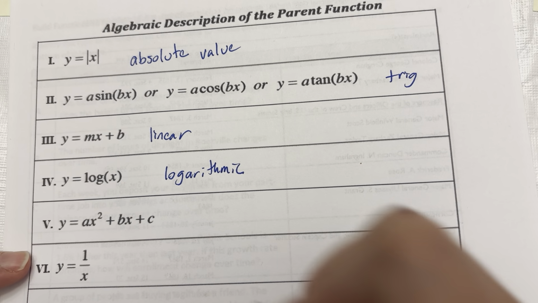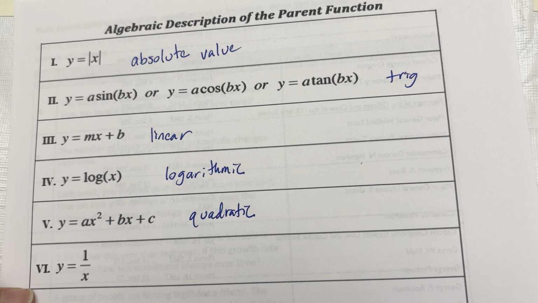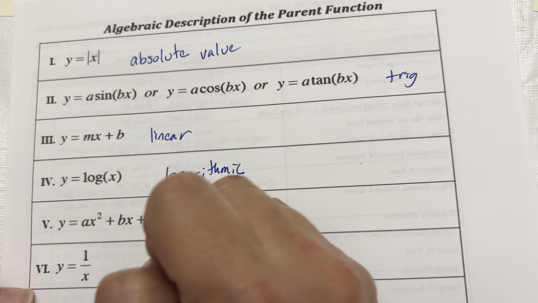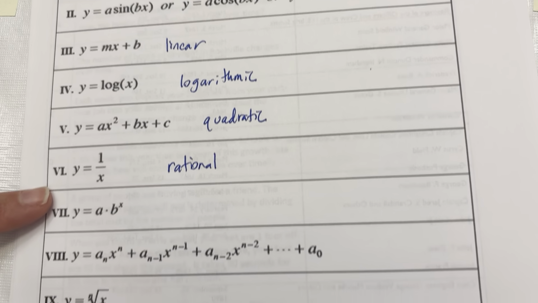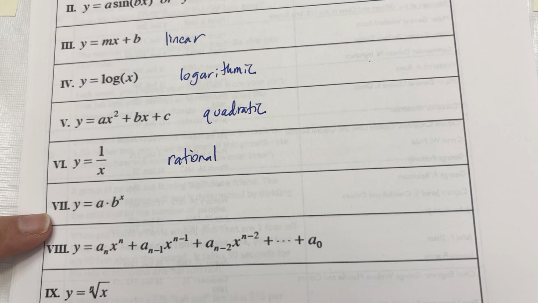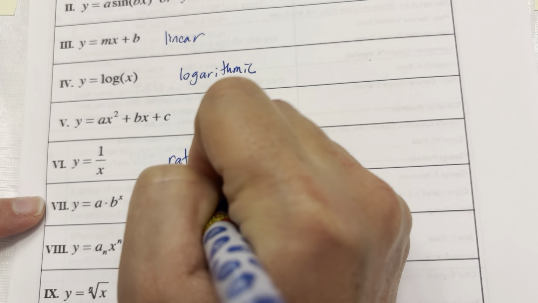Graph 5, standard form of a quadratic. 1 over x, as we said on the previous page, that's our parent function for a rational function. a times b to the x should look familiar from first semester. We spent a lot of time writing equations in that form. That is exponential.